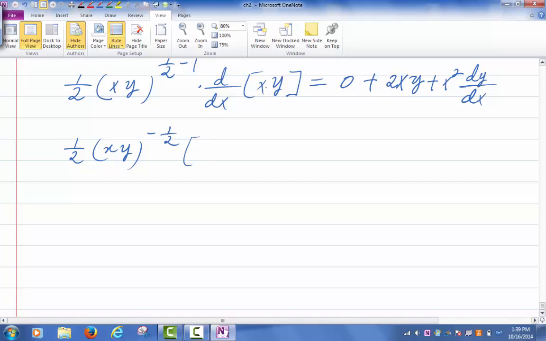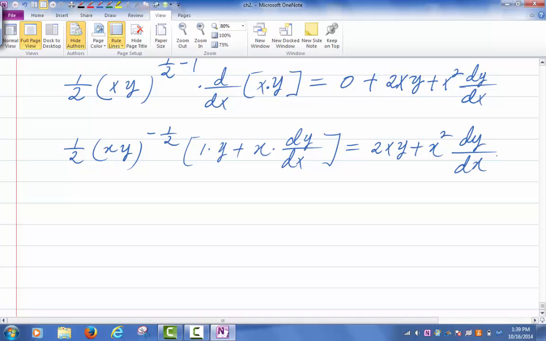Again, I have to apply the product rule. I have x times y, so the derivative of the first factor is 1 times y plus the first factor times the derivative of the second factor. So that's what I have. Here I have 2xy plus x squared dy/dx.